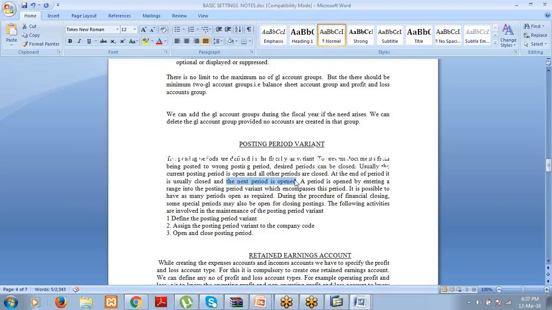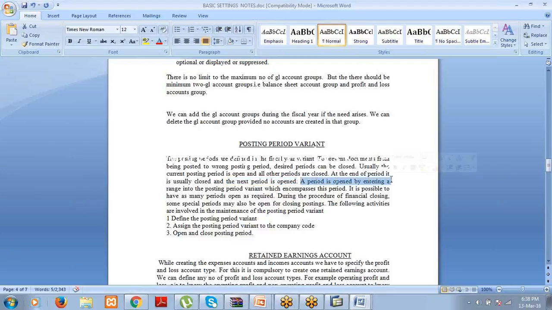Suppose I am the user, and I have the authorization to open the periods. If I come late on 1st April, nobody will be able to post the transactions. That's why on 31st March itself, before leaving the office, I open the next period and leave. That's how the periods are opened. The next periods are opened on the last day of the current month as part of your closing activities.